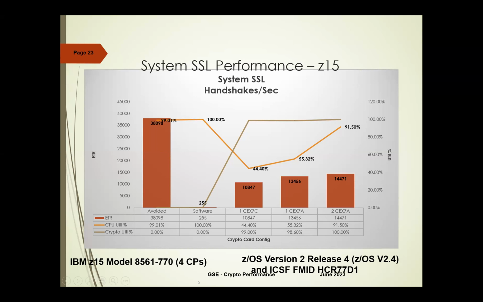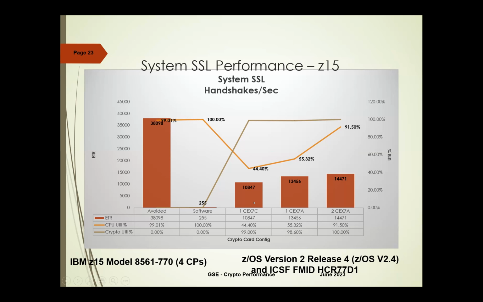And when you're using just software on a Z15 with 4 CPUs running z/OS 2.4, you could get about 250 handshakes per second through those software engines. Now, that 255 handshakes per second is consuming 100% of those 4 general purpose CPs. So SSL operations are very expensive in software.